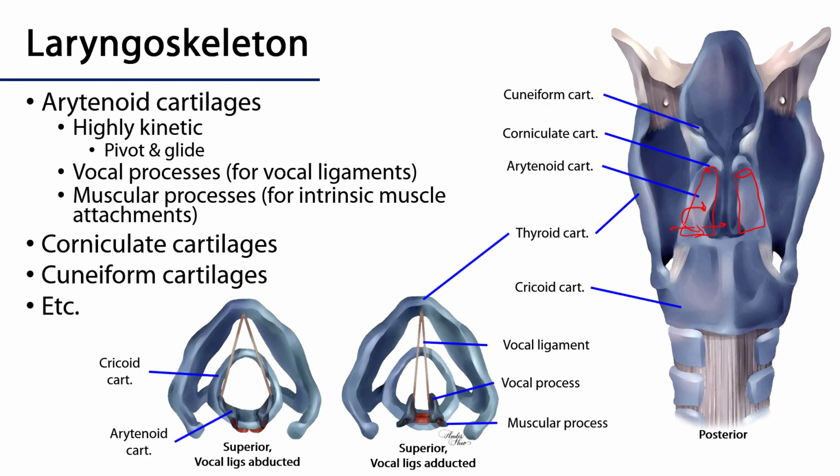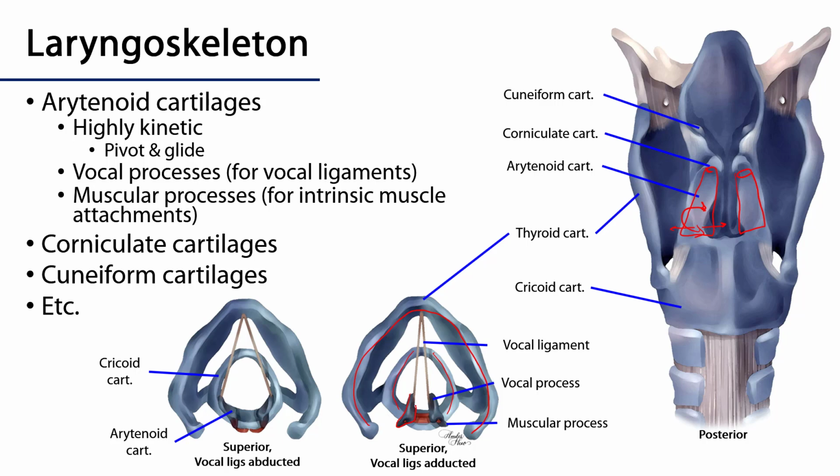So we can see a superior view of what's going on here, and so I'll just outline for you. That's the thyroid cartilage. There's the cricoid cartilage. And then here is the arytenoid cartilage from above.